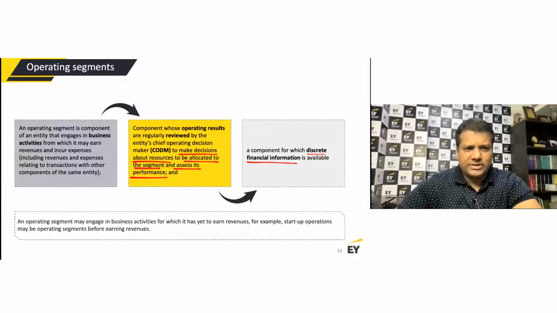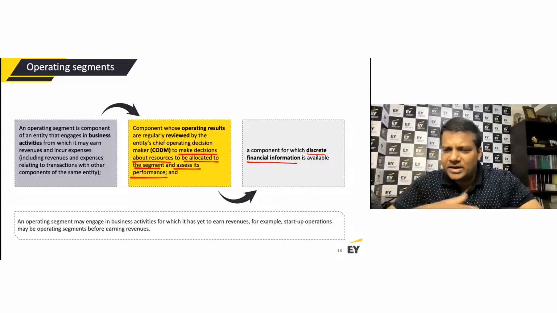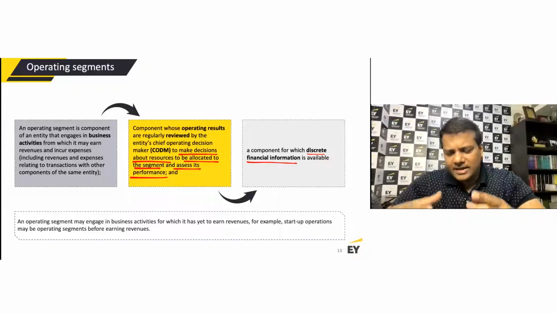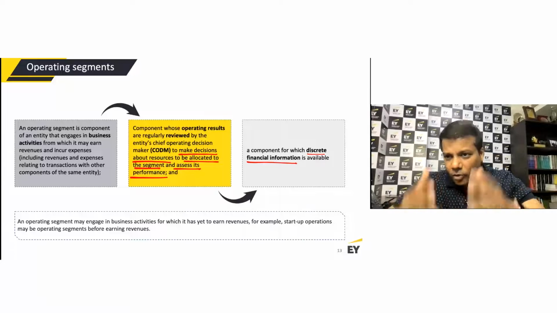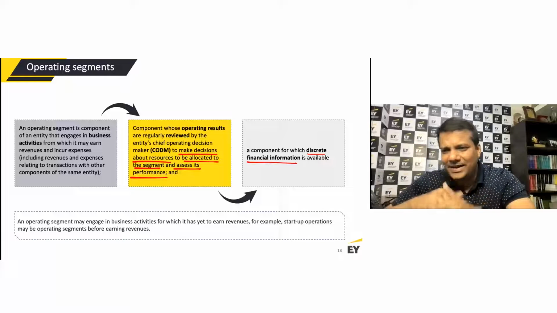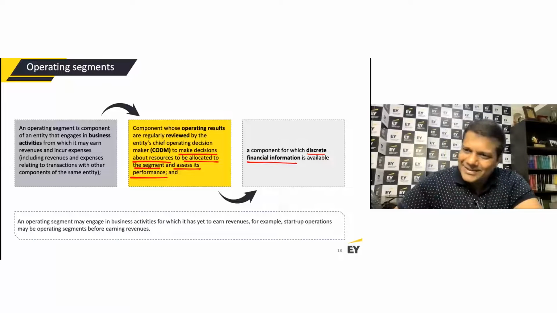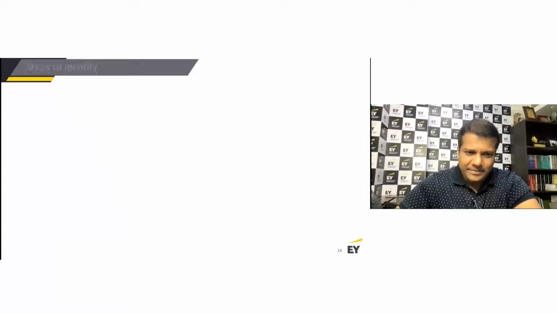Awesome. So operating segment, three things. It has to be a component which is earning revenues and incurring cost. The component's business performance is to be reviewed by the CODM for allocating resources and performance evaluation, and the discrete financial information is available for that component of the business. Okay.